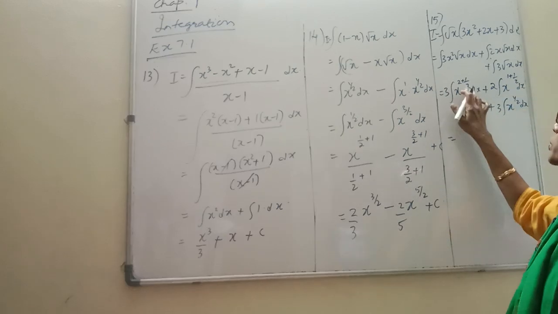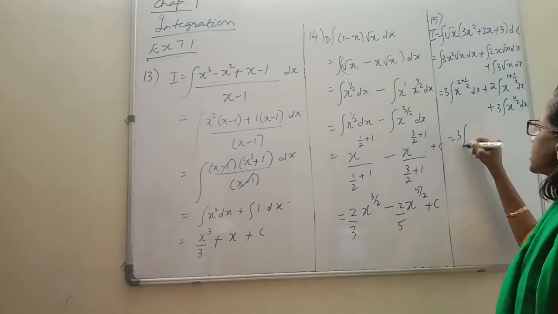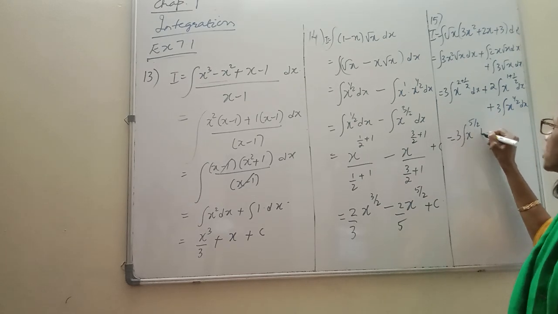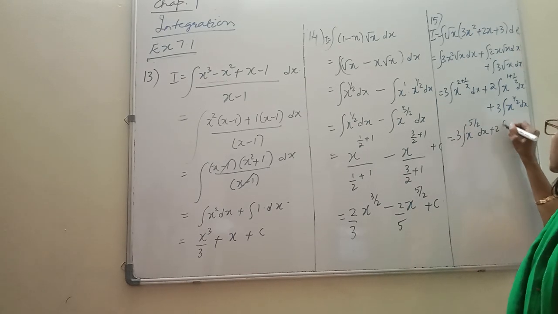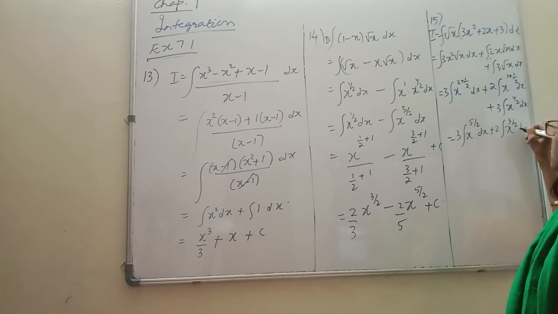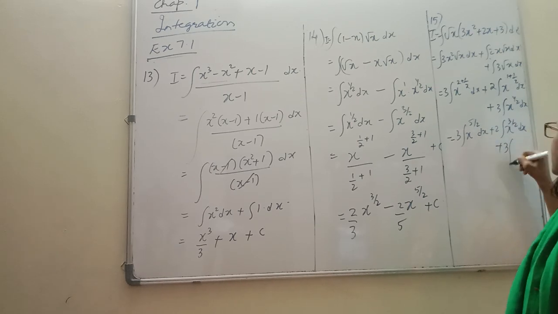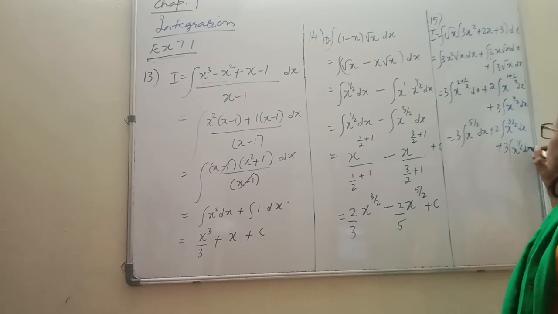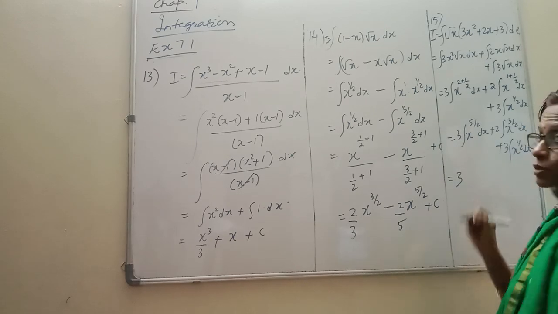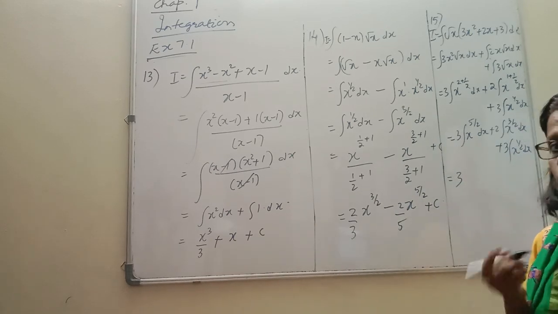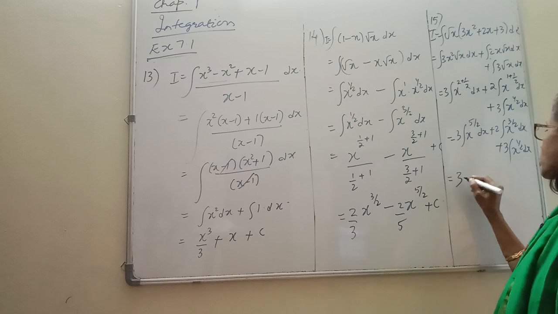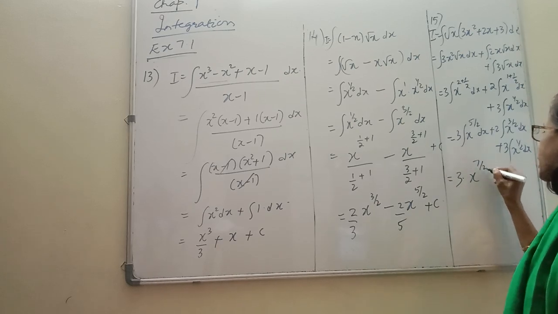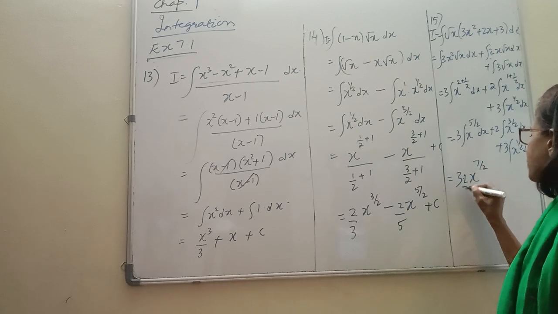So this is going to be 2 and 2 for 5 over 2. 3 times x raised to 5 over 2. This is going to be x raised to 3 over 2, and this, as we know, is x raised to half. When we integrate, the exponent is 5 over 2 plus 1, so this is going to be 7 over 2. You can calculate. And 2 over 7.